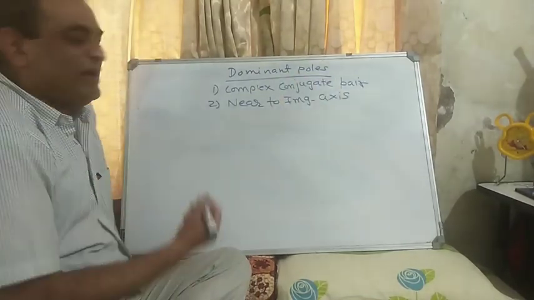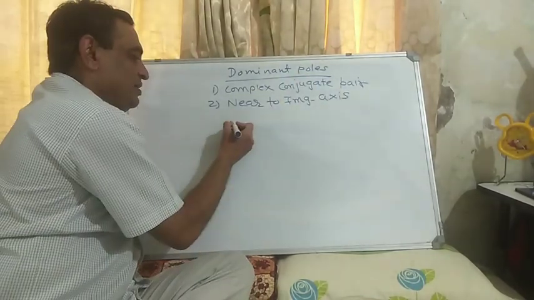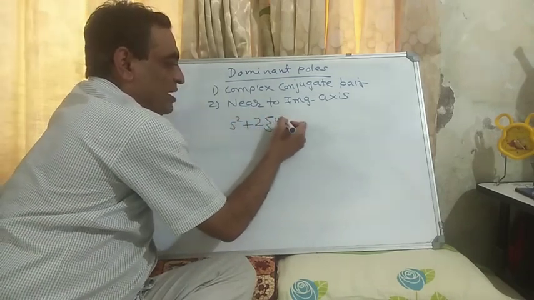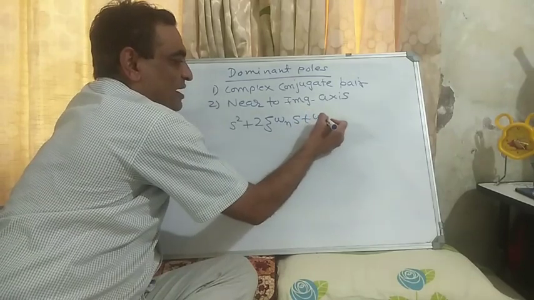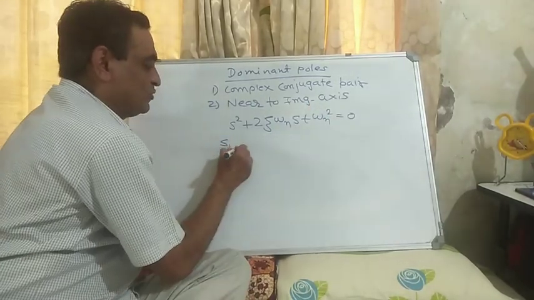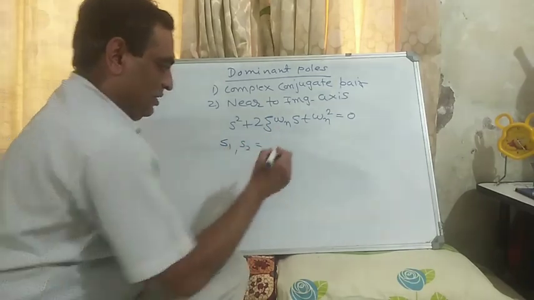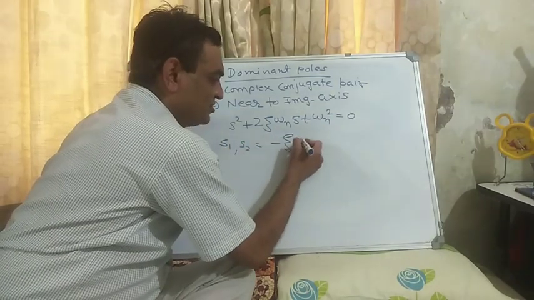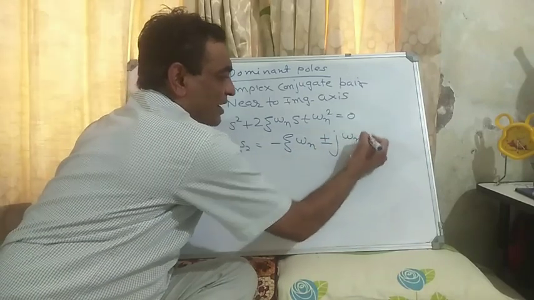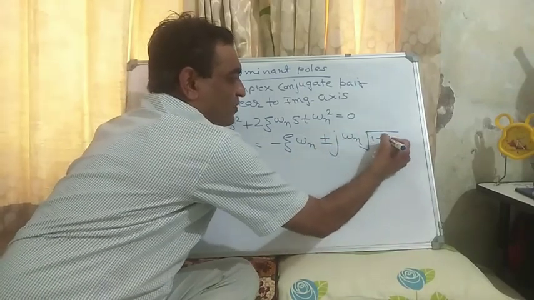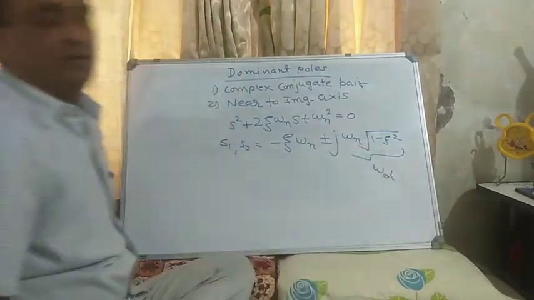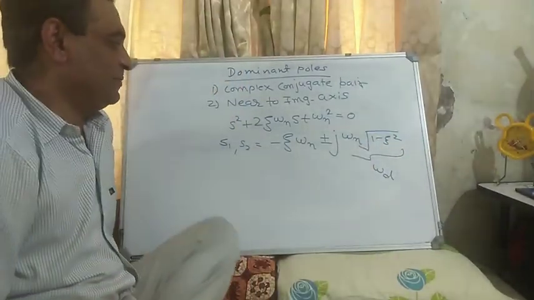Okay, so we have a second order transfer function and their poles are s square plus 2 xi omega n s plus omega n square is equal to 0. And you will get two roots s1, s2 as minus xi omega n plus minus j omega n into under root of 1 minus xi square. This is known as omega d, that is damped natural frequency.